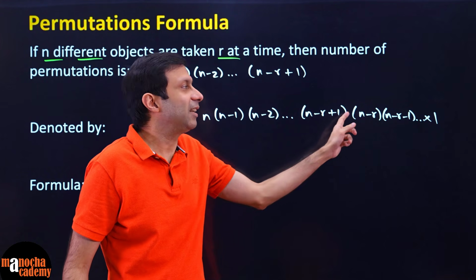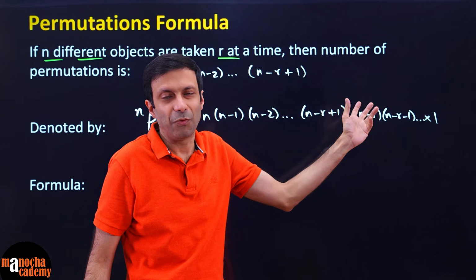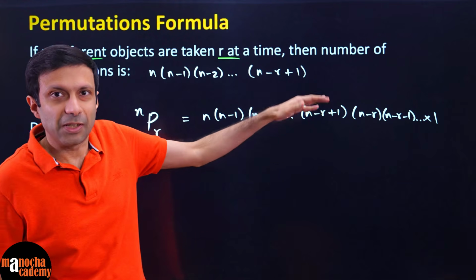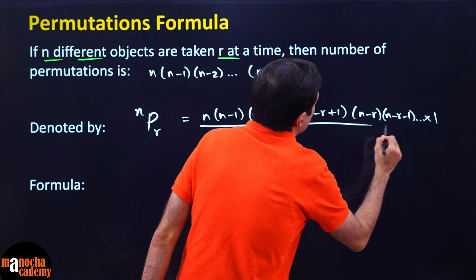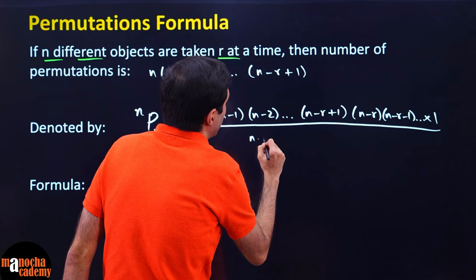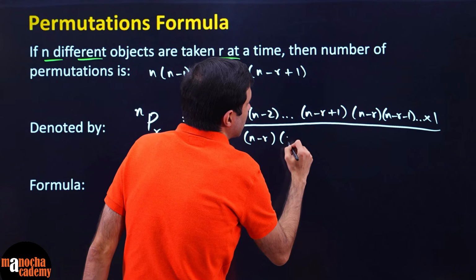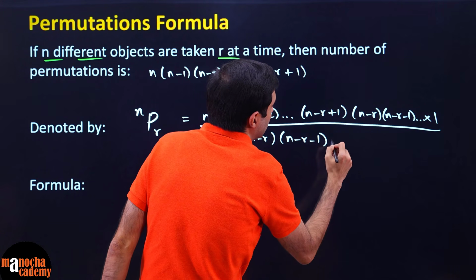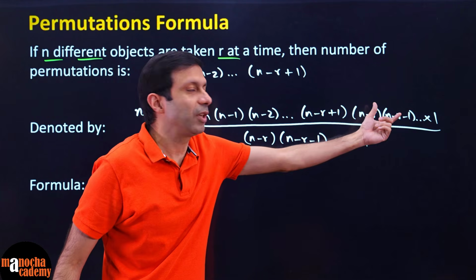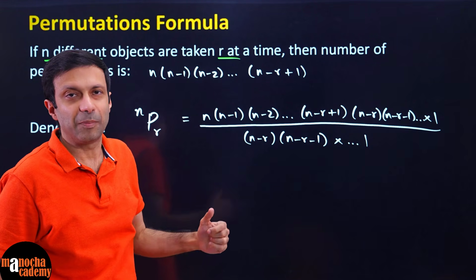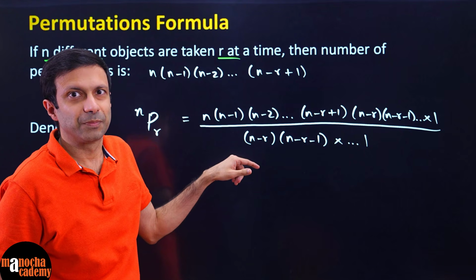Now since I added these extra terms, I changed the formula, I can't do that, so I must divide by the same thing as well. So I must write this also as divided by n minus r times n minus r minus 1 all the way up to 1. So see, these same terms I've multiplied and divided by, so they sort of cancel out.